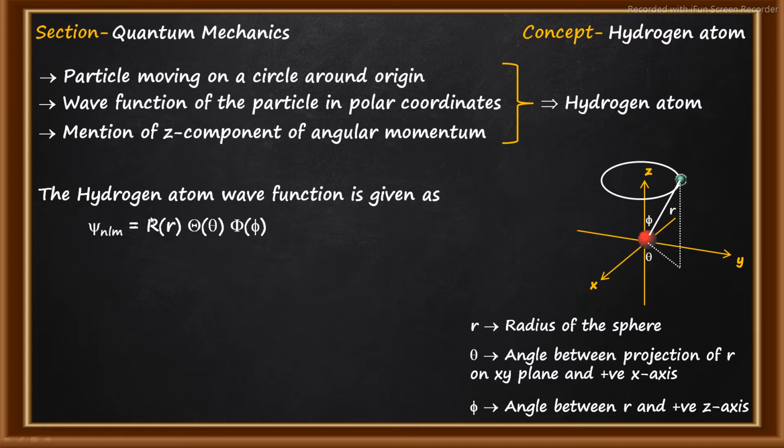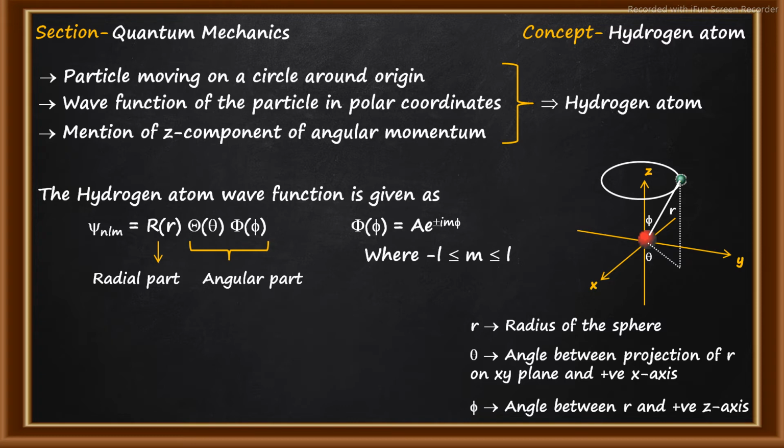Out of these, R is the radial part, and the product of Theta and Phi is the angular part. The phi part is of the form A e to the power plus or minus i m phi, where m lies between minus l and plus l.